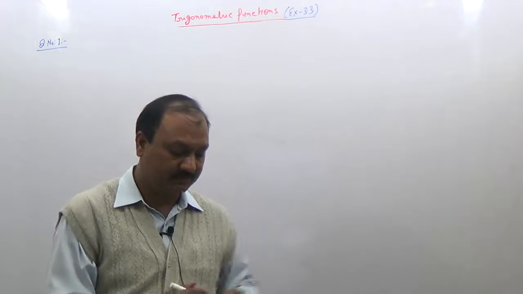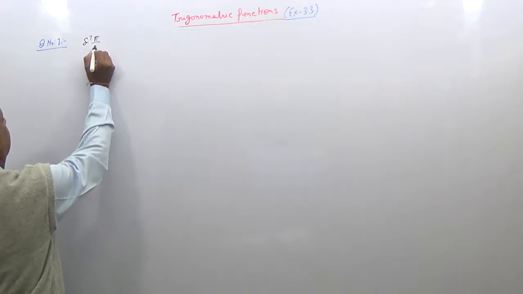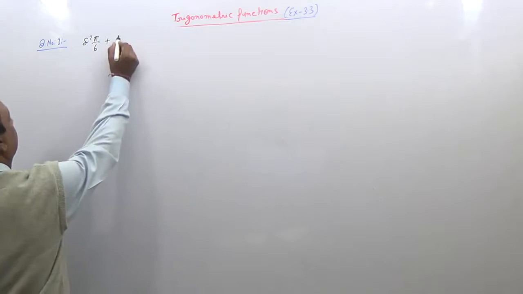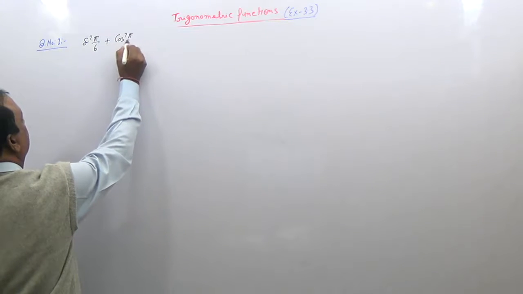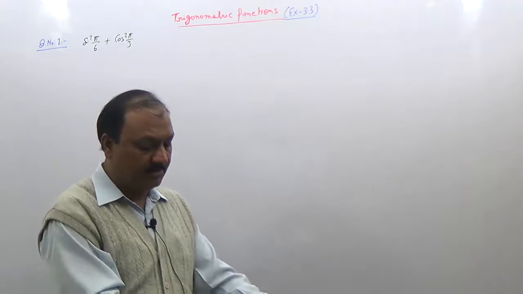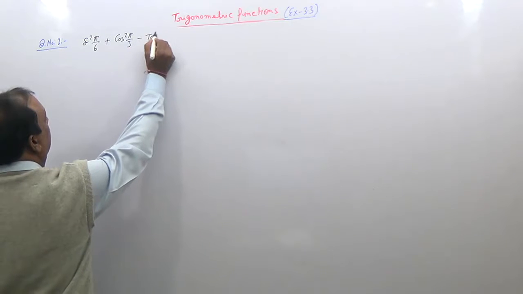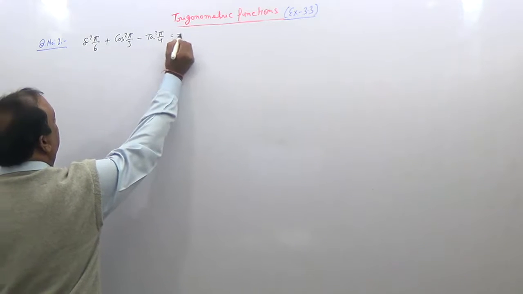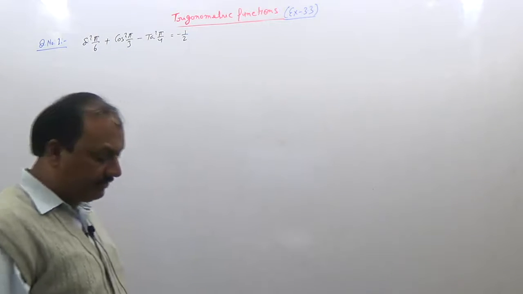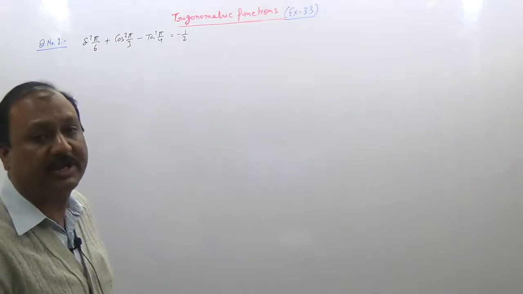Question is very simple. Prove that sine square pi by 6 plus cos square pi by 3 minus tan square pi by 4 is minus 1 by 2.